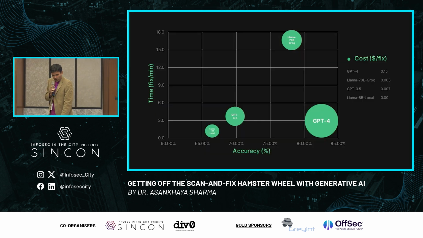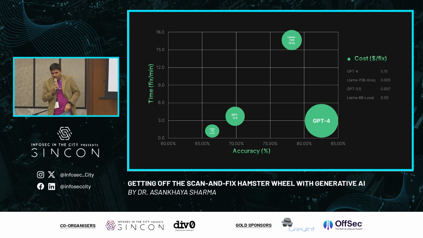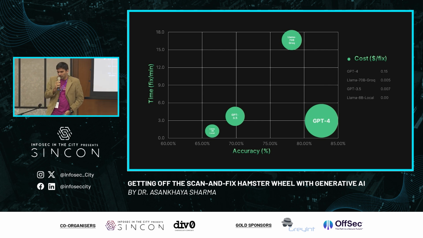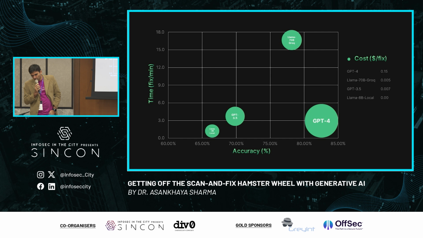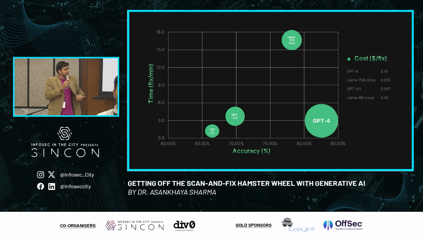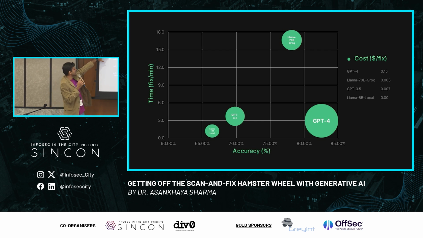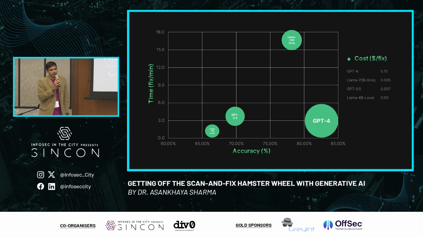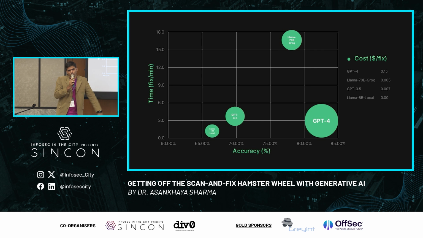So we did some small tests with some more realistic examples with respect to the autofix flow, just to see how different models perform. And there are at least three different axes along which you can think about. So one is obviously the accuracy, which is super important. But what is also critical is the time, which is the amount of time it takes to generate the fix, and the cost to do the fix, right?